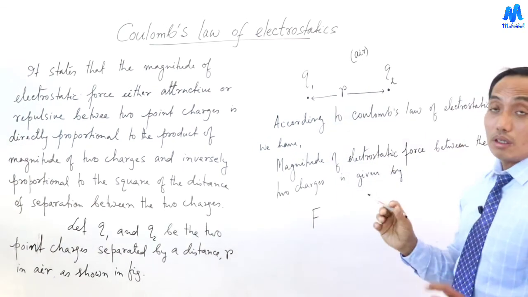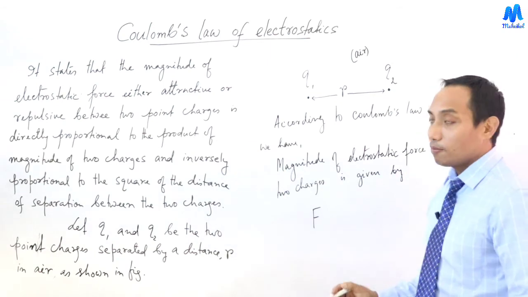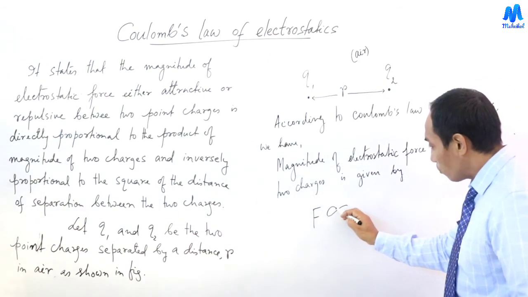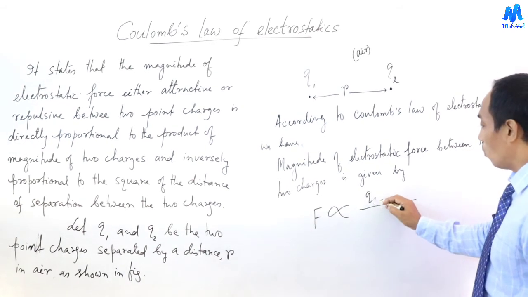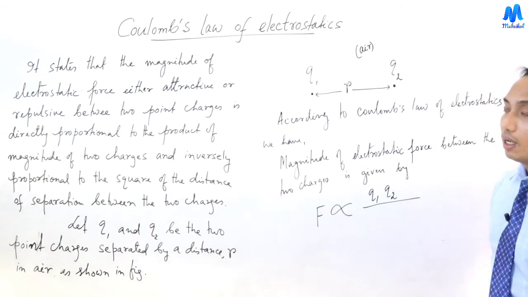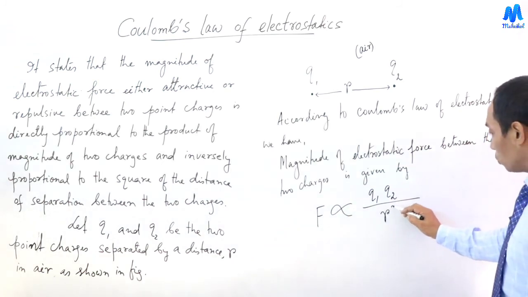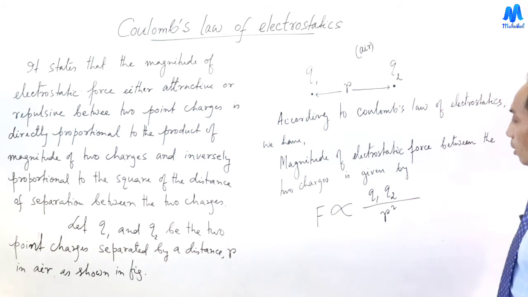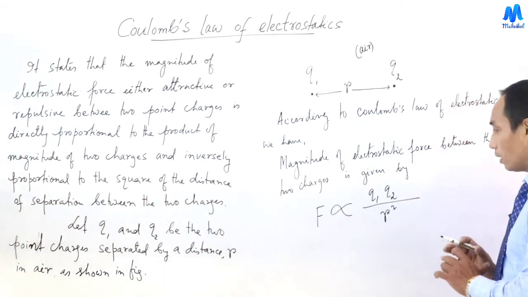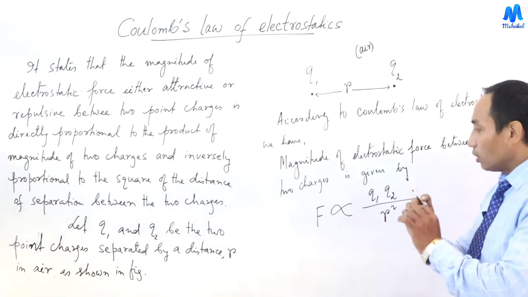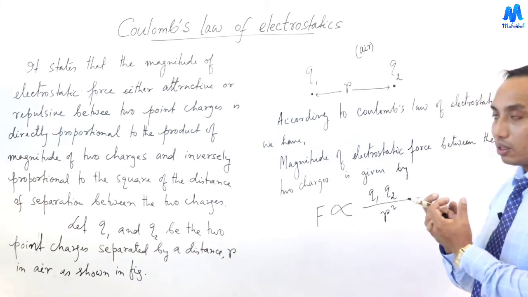F is directly proportional to the product of the two charges, that is Q1 into Q2, and inversely proportional to the square of the distance between the two charges, that is r square. This is Coulomb's law. Then, to turn this relation into an equation, we put an appropriate constant.